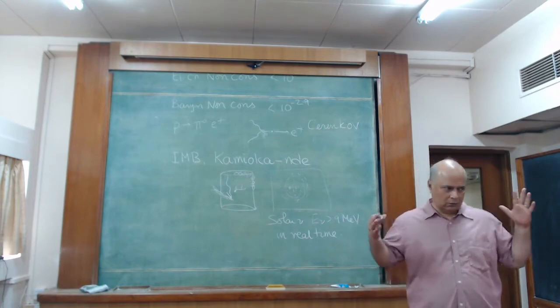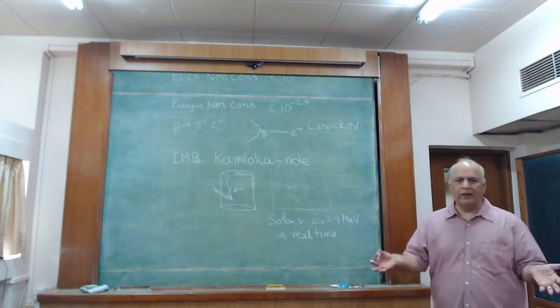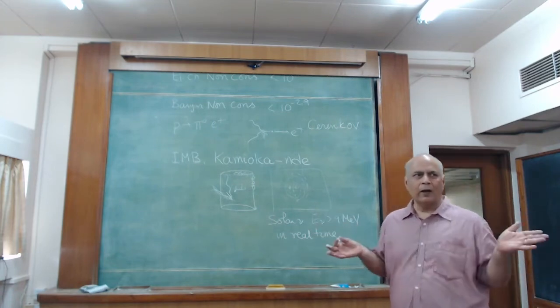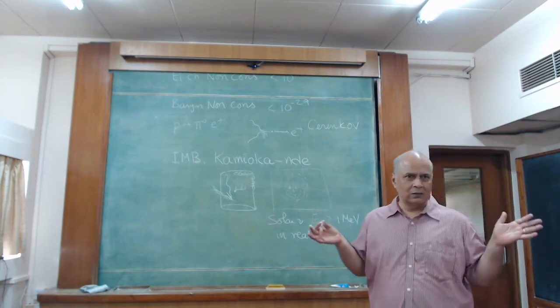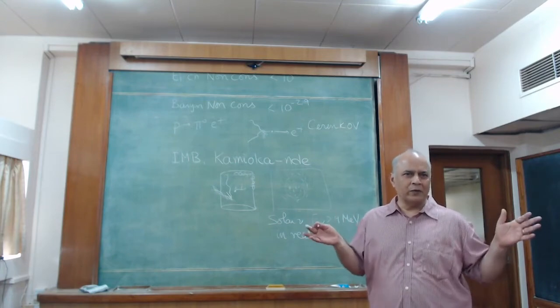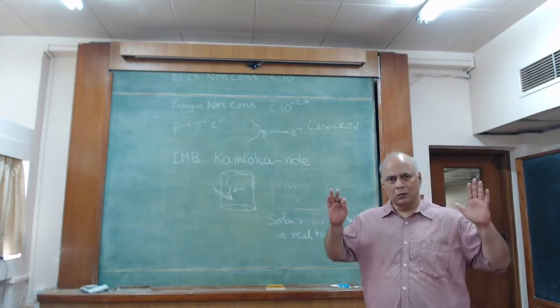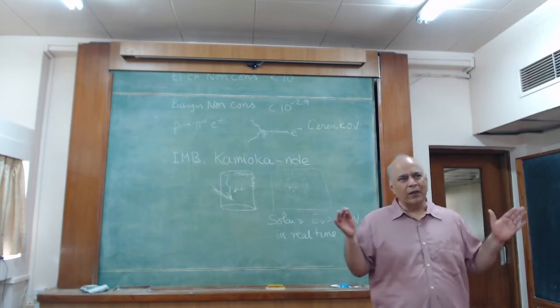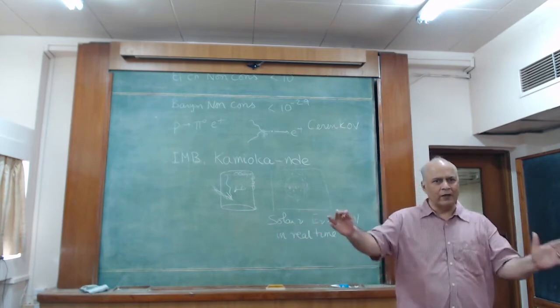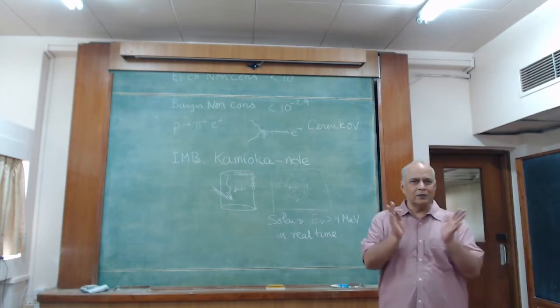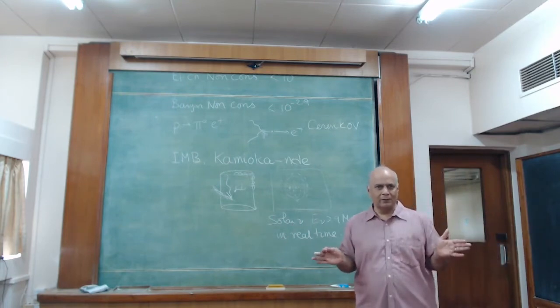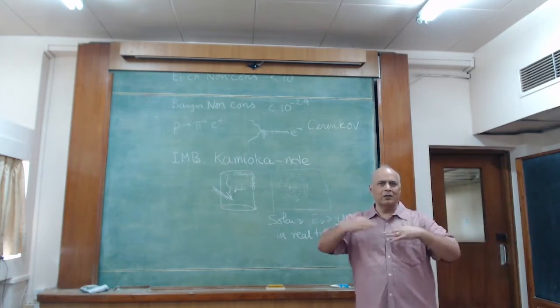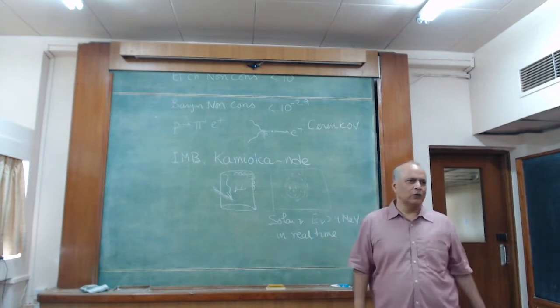And the technique Ray Davis had to collect the argon atoms, it's a complicated procedure. So what they were doing is to collect argon atoms once a month. They expected to collect 30 argon atoms, they collected only 10. So that discrepancy is what is called the solar neutrino deficit.